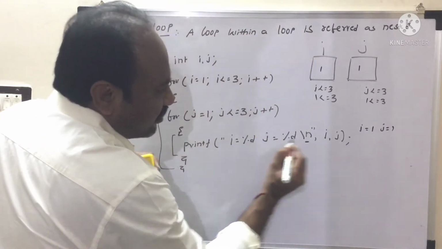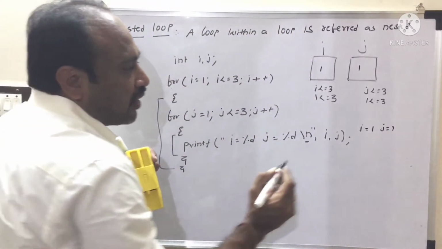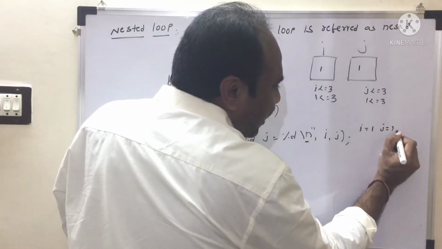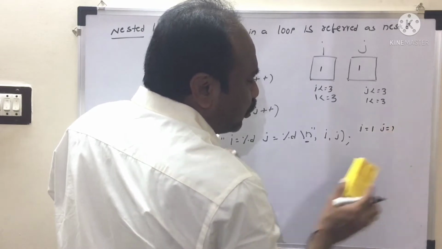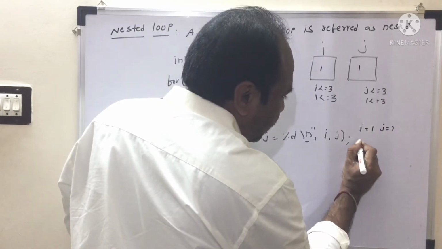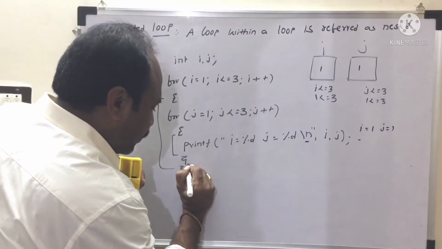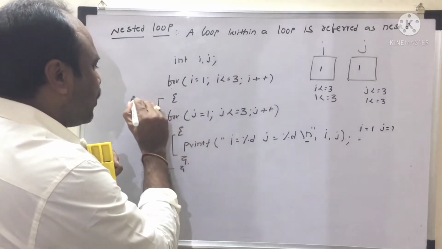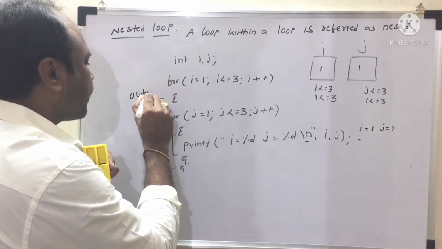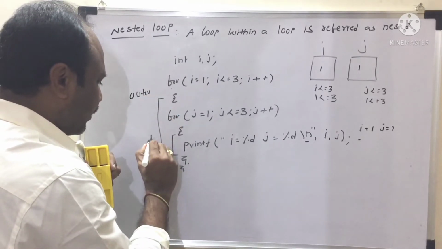Because of using \n. What is the purpose of \n? Normally the cursor is here. Because of using \n, the cursor will move to the next line. Okay. Now what does this close? Inner for loop closes. This is the outer for, this is the inner for.